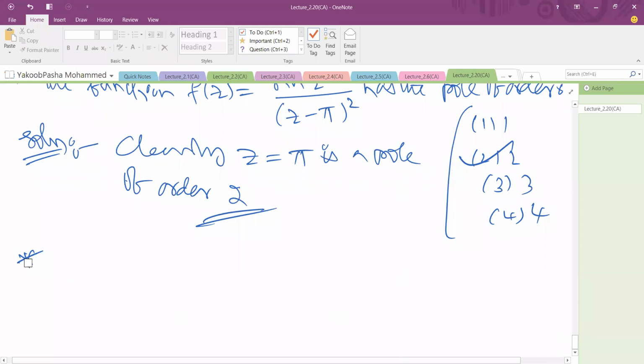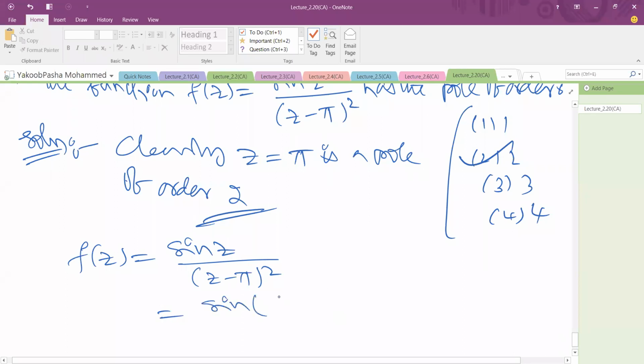f of z is equal to sin z by z minus pi whole square. Sin pi minus z, since sin 180 minus theta is sin theta, divided by, this can be written as pi minus z whole square.